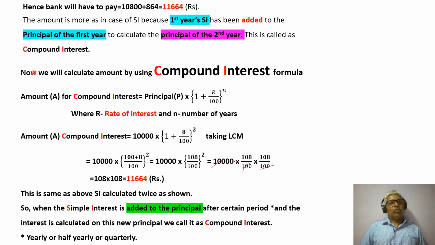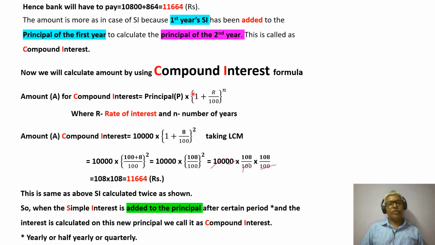So there is a formula to calculate the compound interest. We calculate the same amount by the formula, and the formula of compound interest is, here we don't calculate only interest, but this is amount A. Remember this is not only interest. Amount A for compound interest equals principal P into bracket 1 plus R upon 100 and whole raised to n.